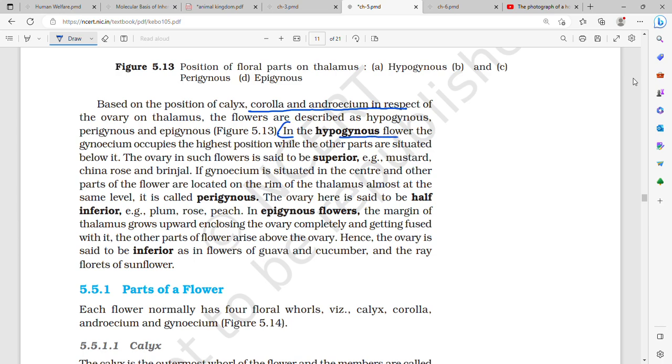In a hypogynous flower, the gynoecium occupies the highest position while other parts are situated below it. The ovary in such flowers is said to be superior.